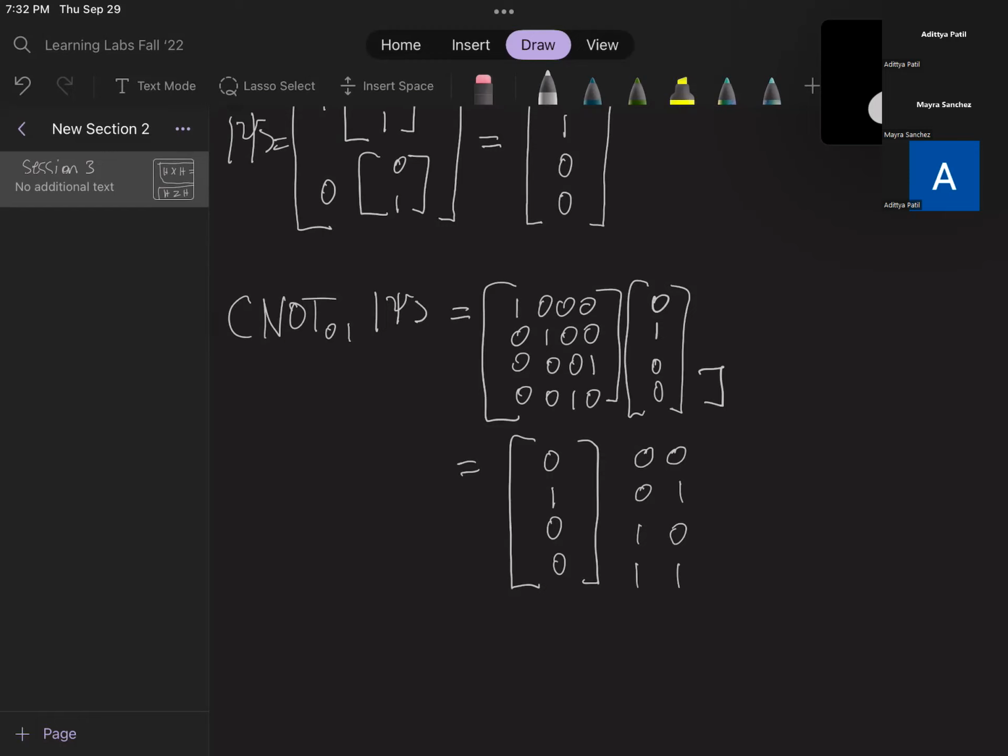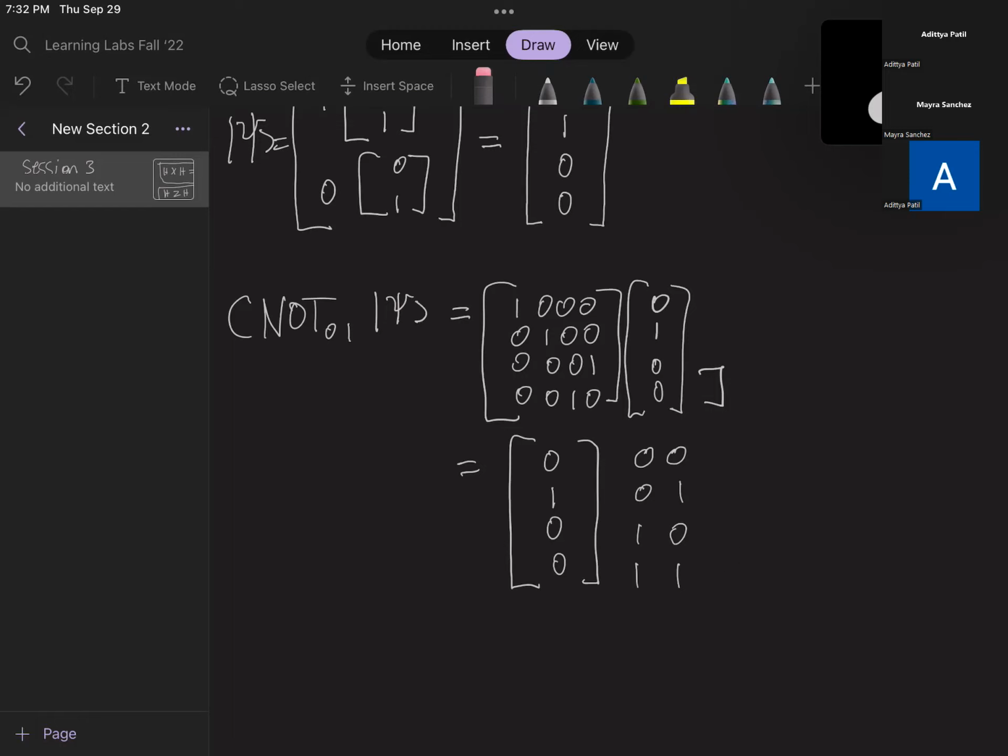If there's a 1 in qubit 0, that means we have to flip the first qubit. And if there's a 1 in the 0, qubit 0, we have to flip the first qubit again. So essentially, we're just swapping these 2 rows. Does that make sense? That's just another way to think about it.